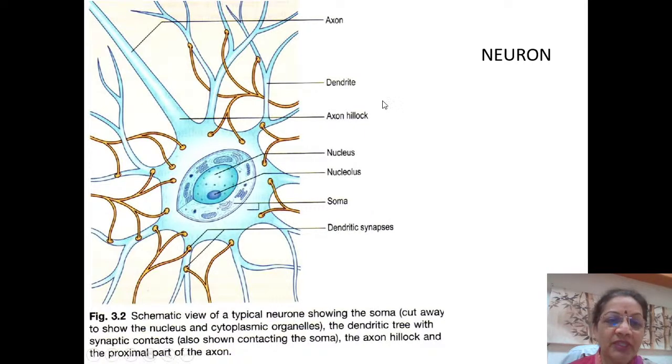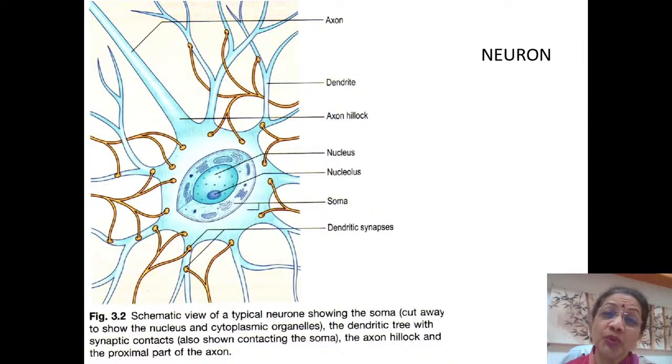It will have a cell body, which is somewhat spheroid, ovaloid, ellipsoid in shape. It will have a nucleus inside that, and in that there will be a nucleolus, which is usually quite prominent. I think parallelly you are doing cell structures and organelles with biochemistry, so you can correlate now that we're looking at a very, very specialized cell, but it will have similar organelles as anybody else.